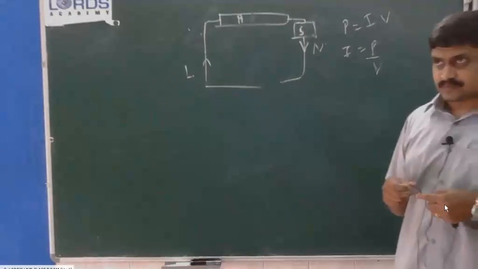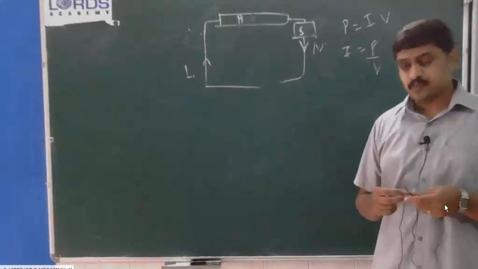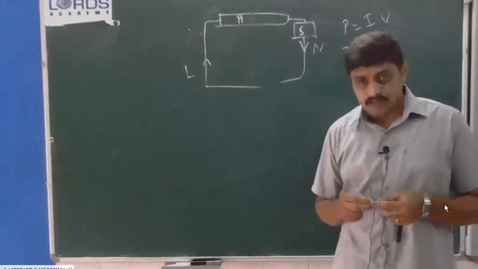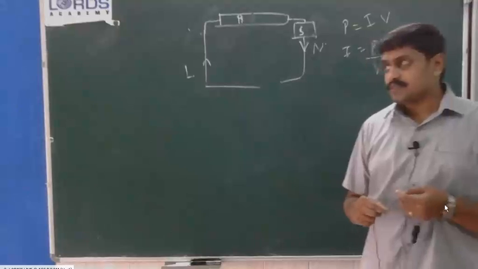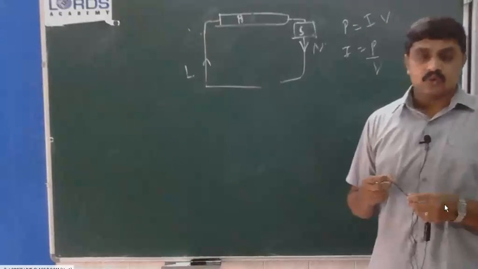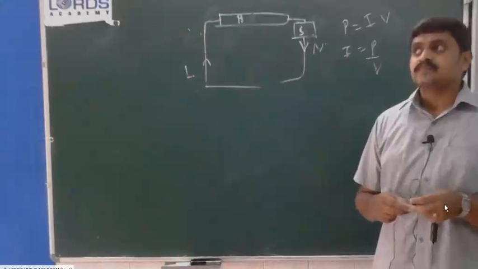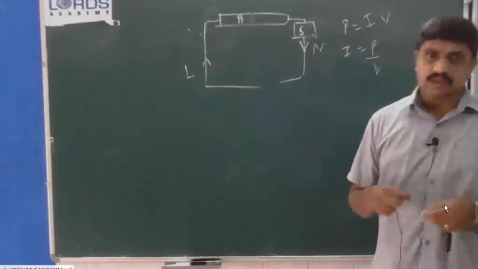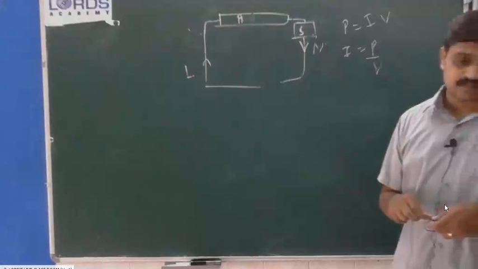I know pure water is not a conductor of electricity, but still I am saying that water is a conductor. So there is a possibility that electricity passes through the water and you get shocked.